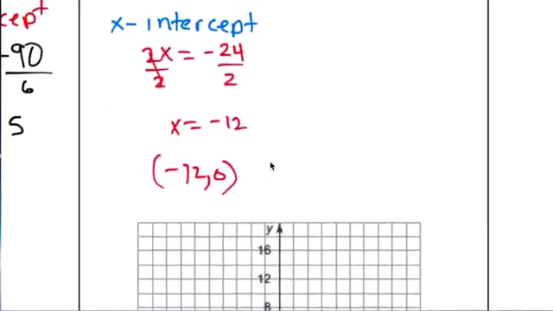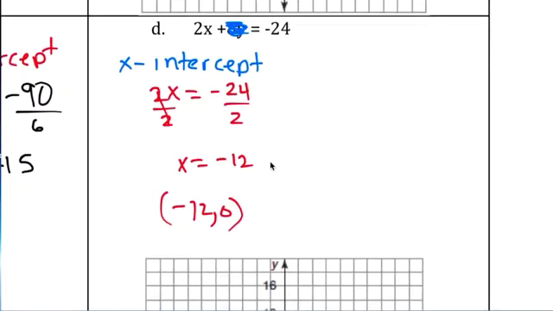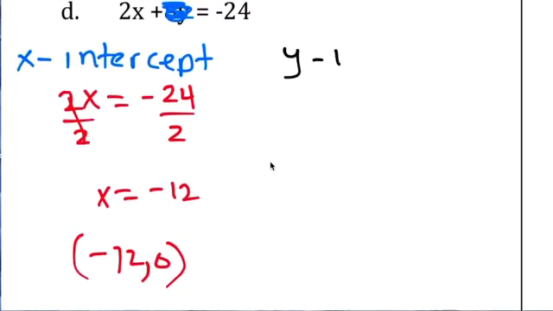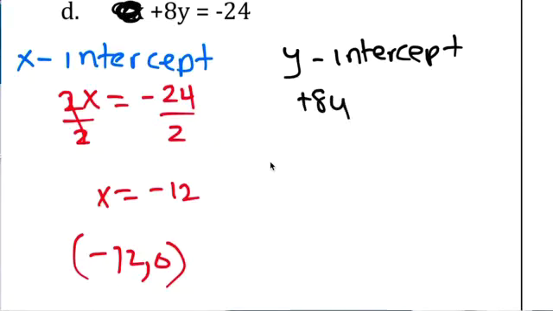That's called the x-intercept. Okay, your y-intercept, you cover up the x. So you get a positive 8y equals negative 24. Divide by 8.